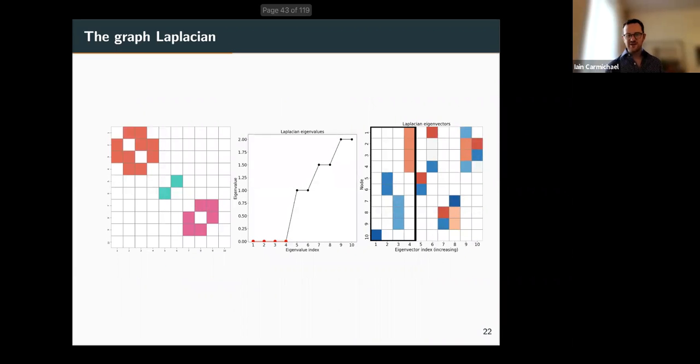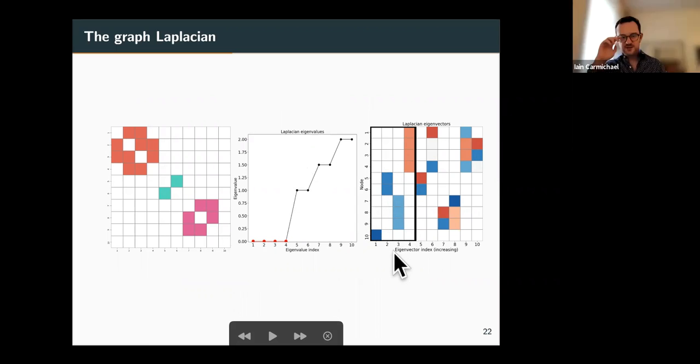So visually that looks something like this. If I take the graph on the left, here's its spectrum. I told you this graph has 4 connected components, so we see 4 zero eigenvalues. And then here are the corresponding eigenvectors. They look like the indicators.